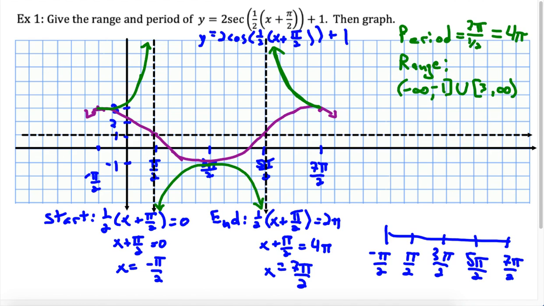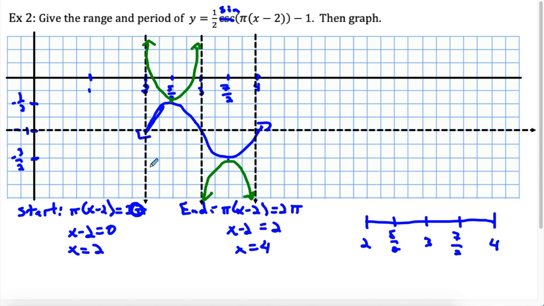Now similar for this one. If I want to give the period, that is just 2 pi divided by the b value. So 2 pi divided by pi would just be 2. And then my range is everything except the range for my sine curve.